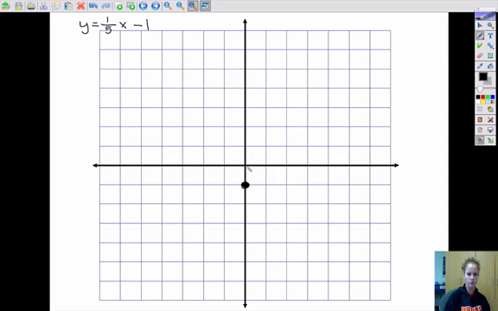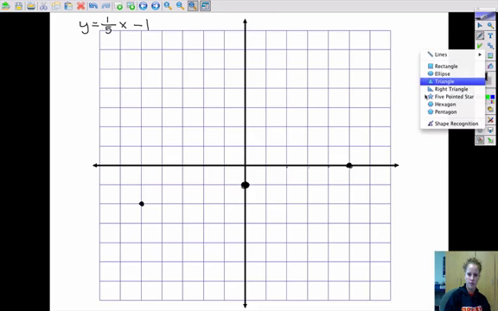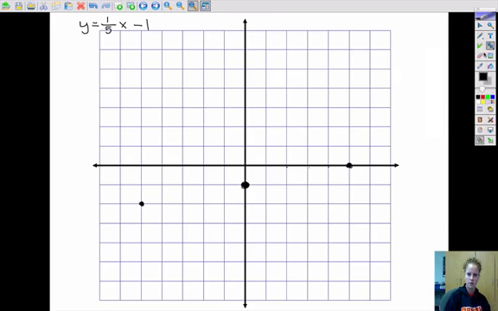We're going to go up 1 over 5: 1, 2, 3, 4, 5. I can't fit any more over there, so I'm going to go backwards 1, 2, 3, 4, 5, and down 1. I only have a couple points, but I can still make my line. It only takes 2 points to make a line. Does that look like yours?